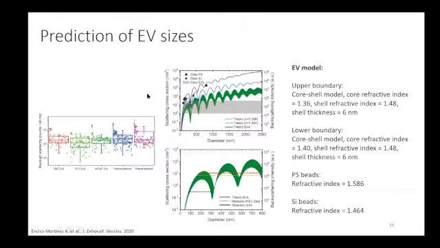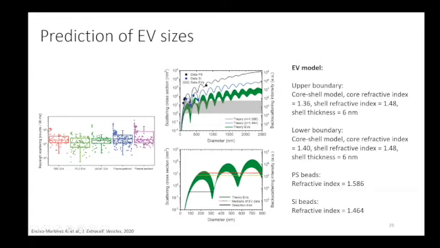Next, we wanted to see if we could predict the sizes of the vesicles that we were trapping based on the Rayleigh scattering, and also using the Mie model. Together with Edwin van der Pol, we used again the same plots that we had before to calibrate our setup.